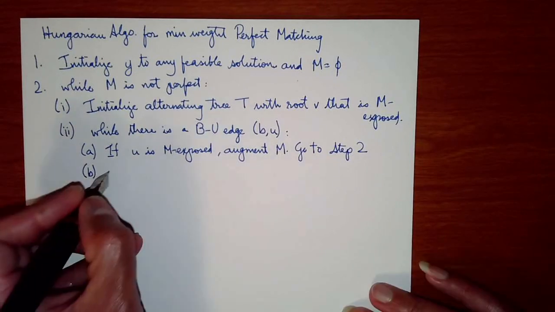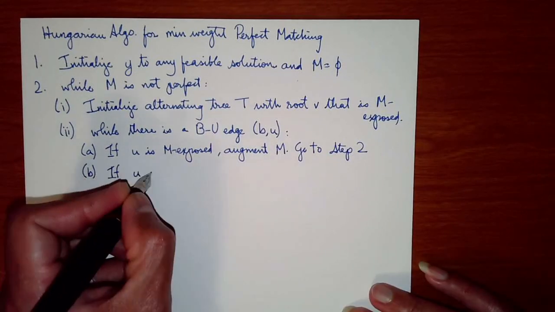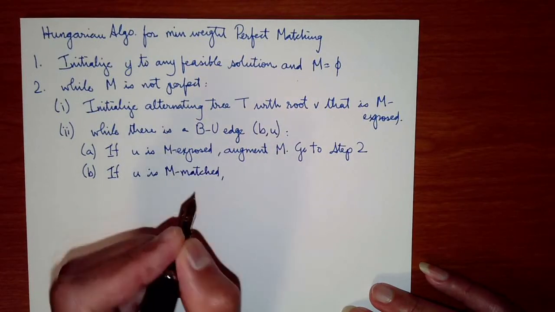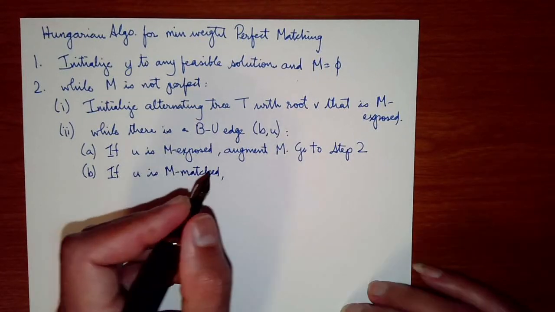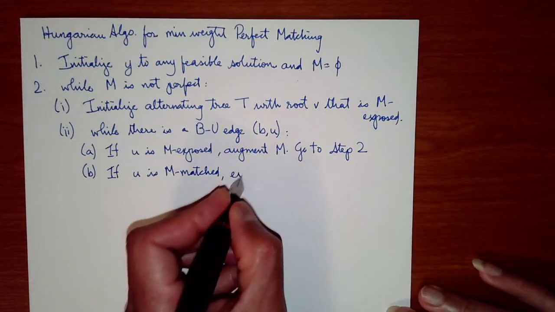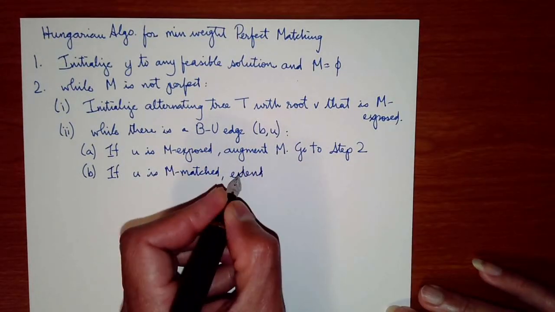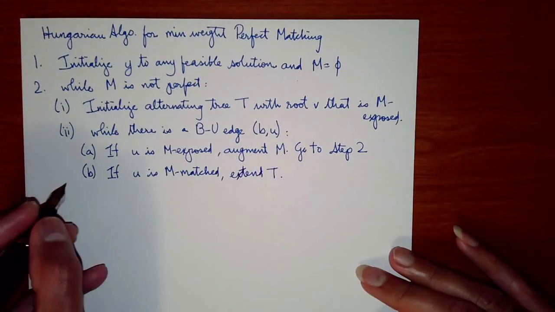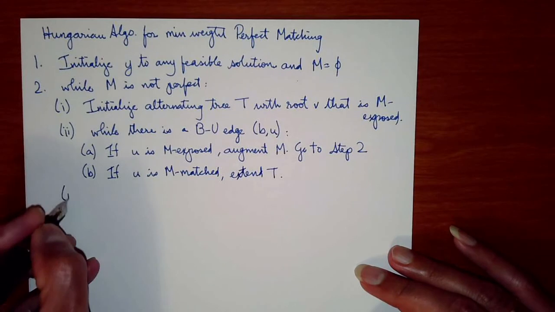If u is M matched, then we extend the tree. So we keep doing this while there is a BU edge.